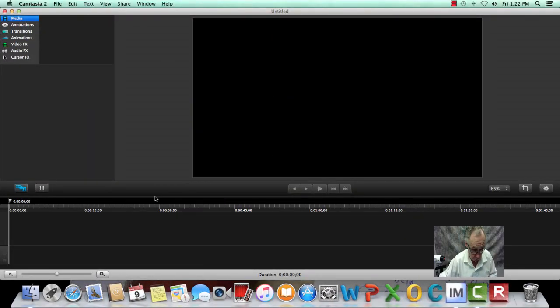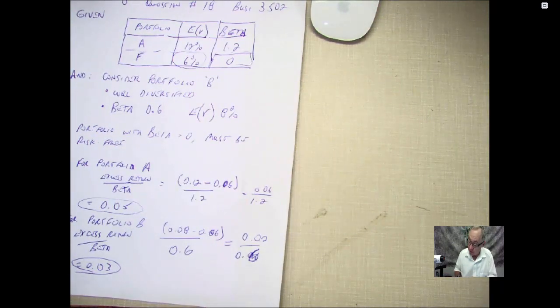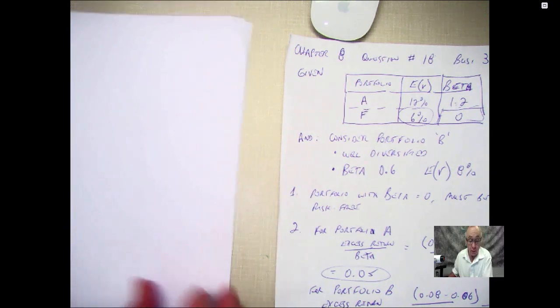So continuing with camera back up. So we're asked then with the different portfolios, is it possible to create a new portfolio that will have better return for risk and may then lead to an arbitrage opportunity?